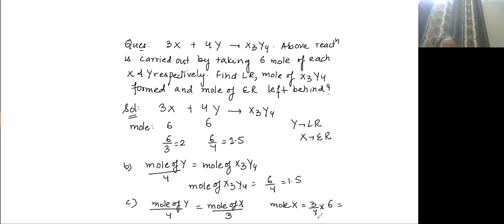So this will be equal to 4.5. So moles of X left behind will be: total moles is 6 and only 4.5 is reacting. So this is equal to 1.5.